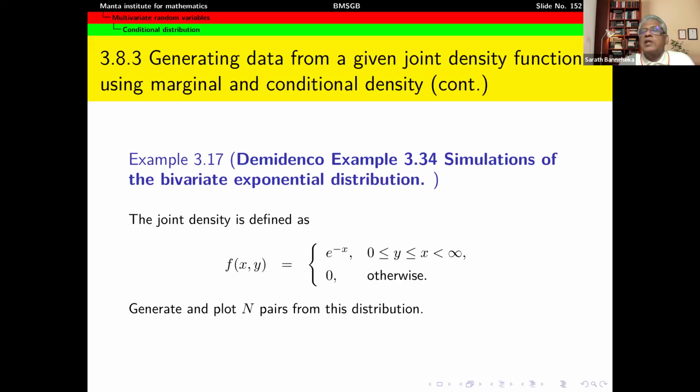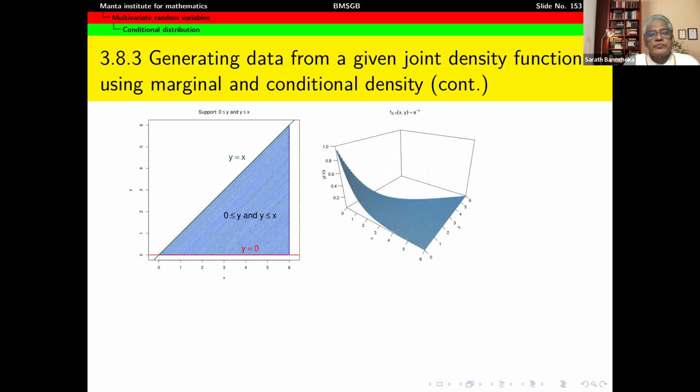Thereby jointly x and y will have the required distribution. Therefore we first need to find the marginal density function of x and also the conditional distribution of y given x. So we will first find those two.